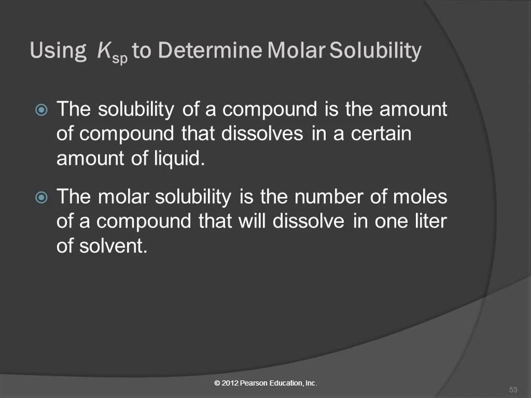But it's how much of that solid will dissolve in a certain amount of liquid. The molar solubility is relating to moles. So molar solubility is the number of moles of the compound that will dissolve in 1 liter. So we can use KSP to figure that out.